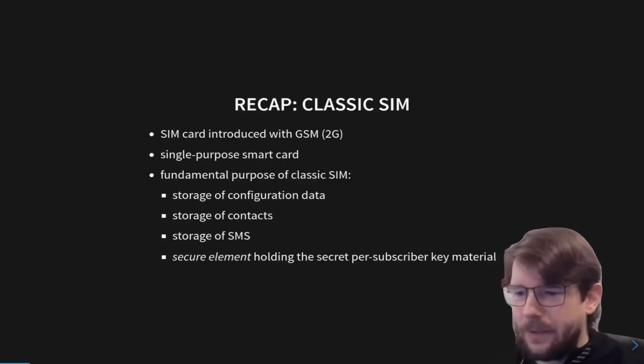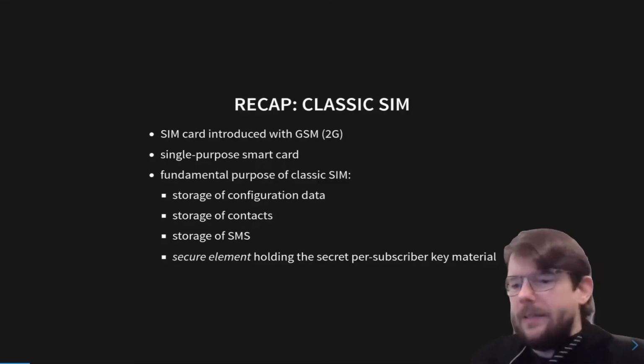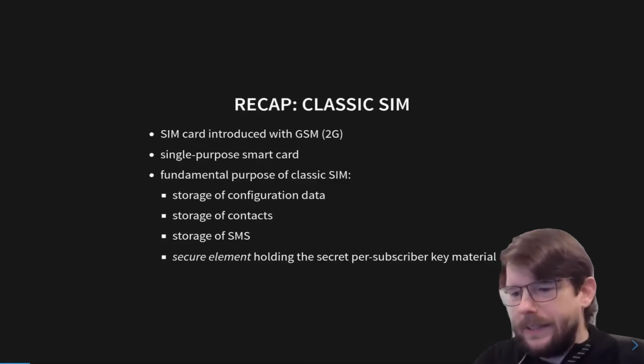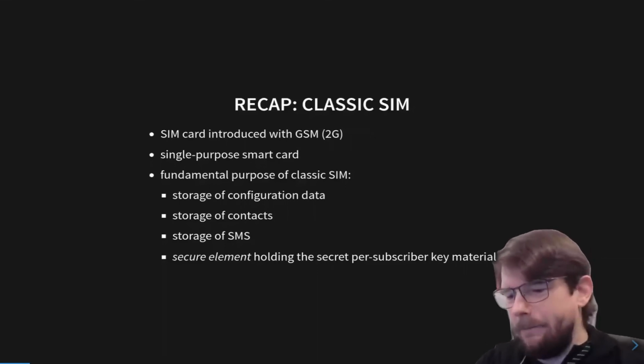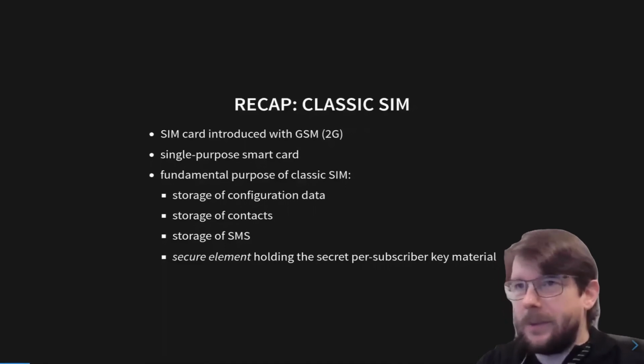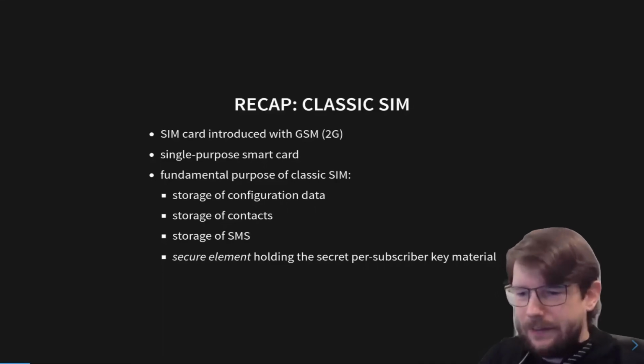SIM stands for Subscriber Identity Module. It was a single-purpose smart card, and the fundamental purpose is mostly holding the secret shared key material that is used for cryptographically authenticating the subscriber and also for generating the encryption keys over the interface. There's also some other information stored.